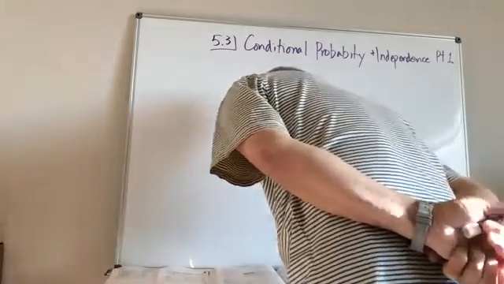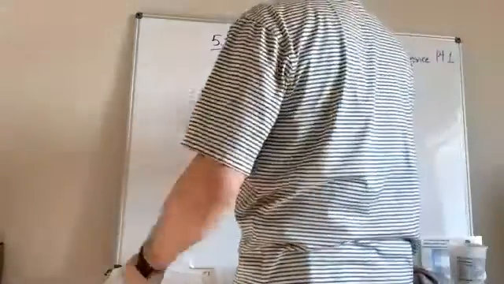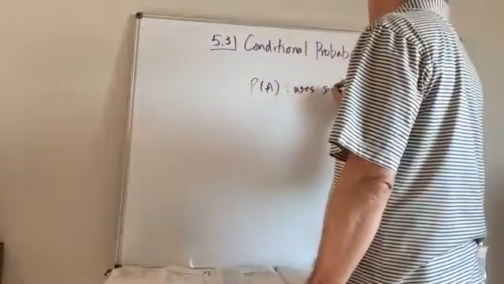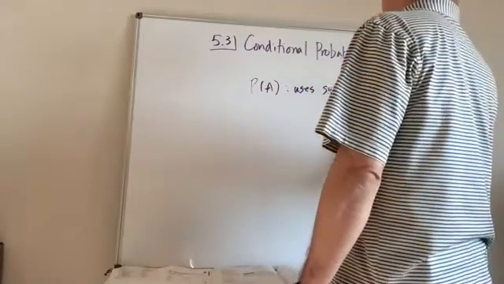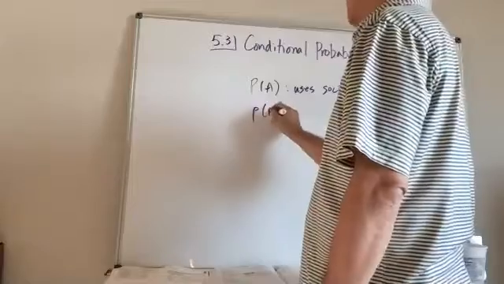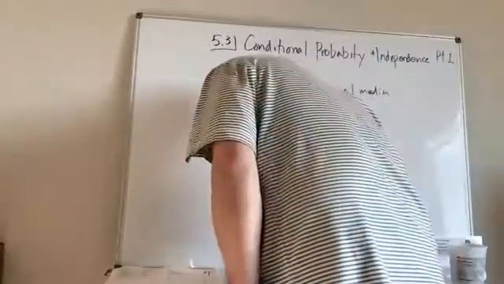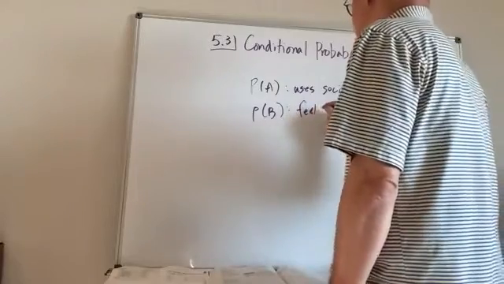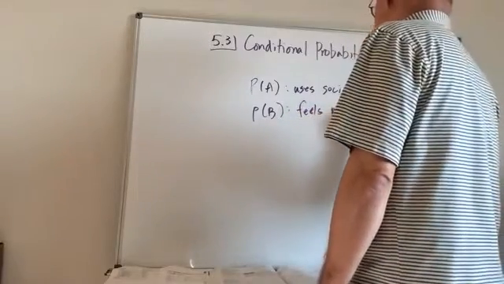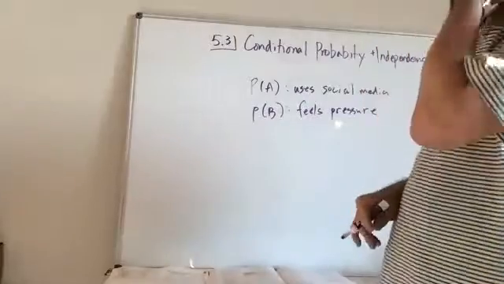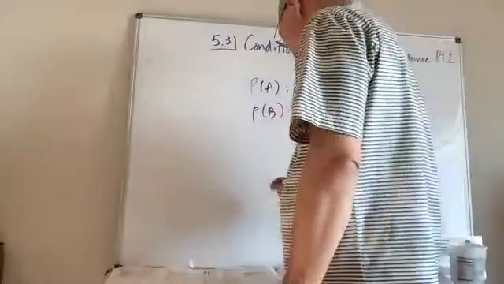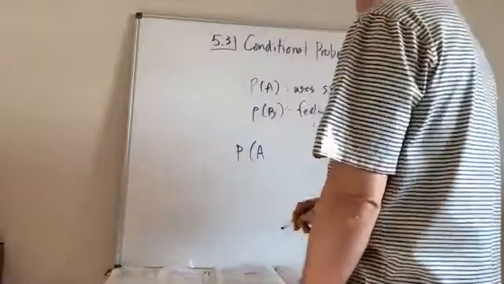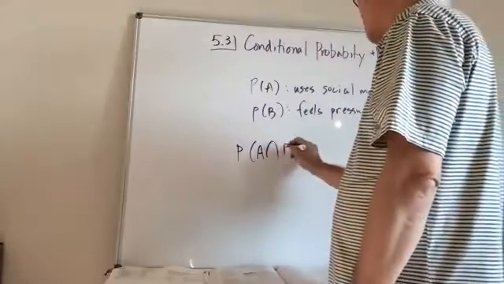Okay, so we're going to say A is uses social media. And then we'll have B, which would be feels pressure to get likes and comments. So we're going to use the general multiplication rule here. We want to find the probability of uses social media and feels pressure.